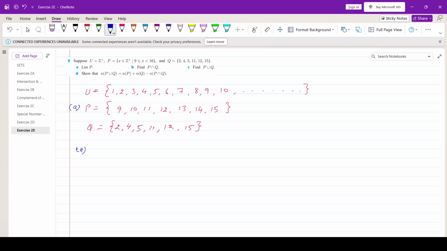Find P intersection Q. Now P intersection Q will be 11, 12 and 15.